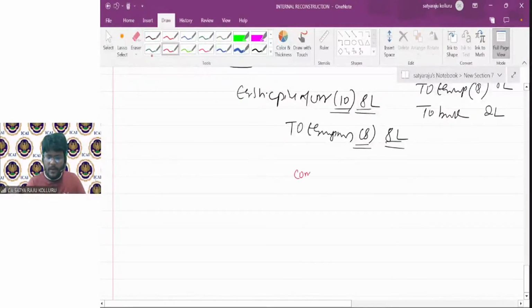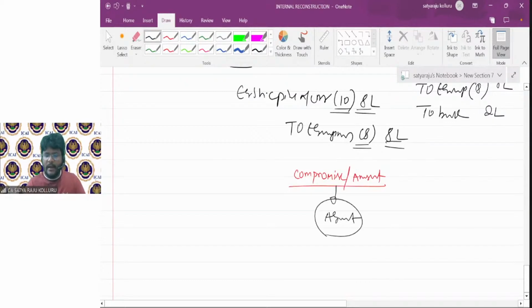What is the meaning of compromise or arrangement? Compromise or arrangement is an agreement entered between the company and the outside party of the company.